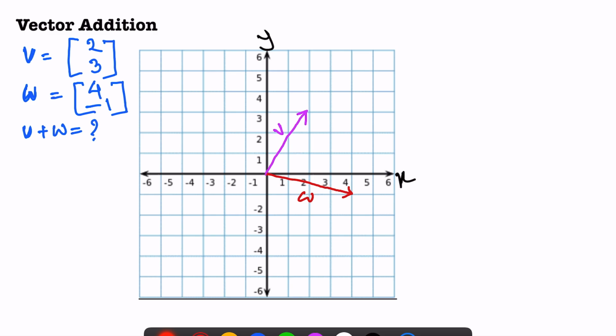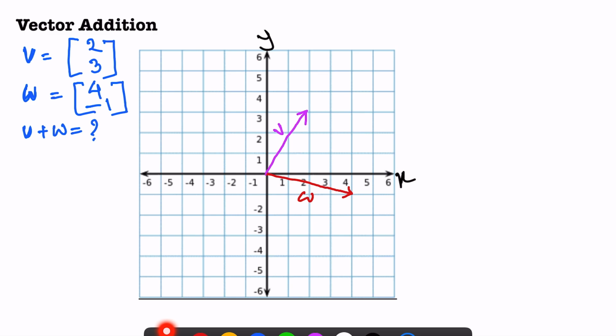Now we want to add these two vectors. How we do this is we move this second vector and place it at the tip of the first vector this way. Now we have already discussed that vectors can move around in space. As long as the magnitude or length and the direction remain the same, two vectors will be the same.